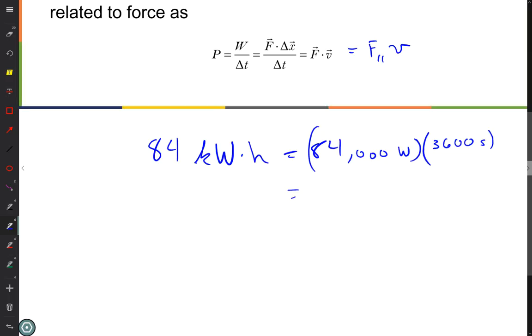If I multiply those numbers together, which I asked my trusty calculator bearer, it's 302,400,000. So 84 kilowatt hours is millions of joules.